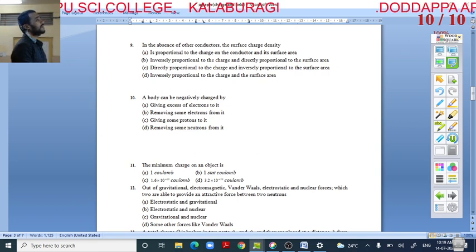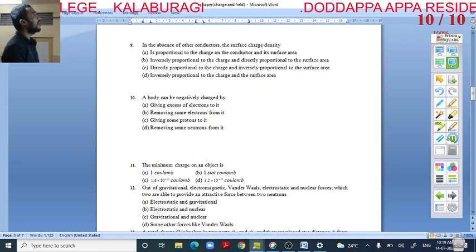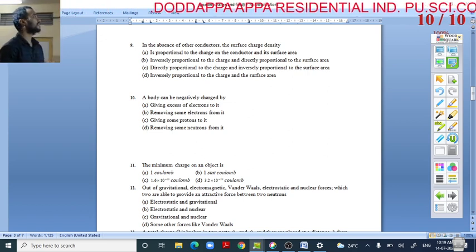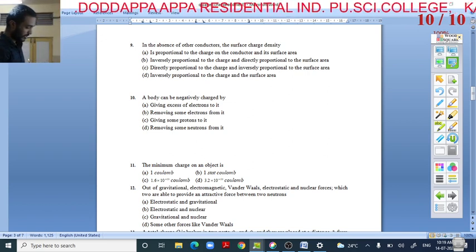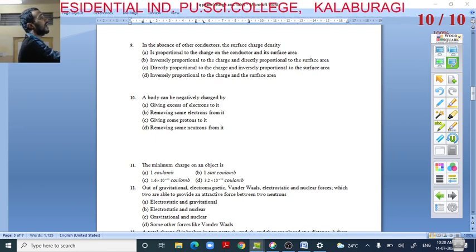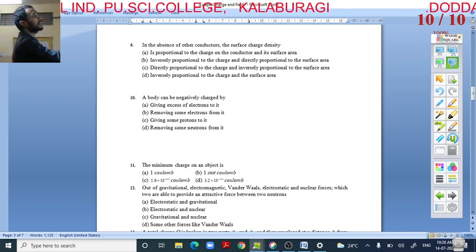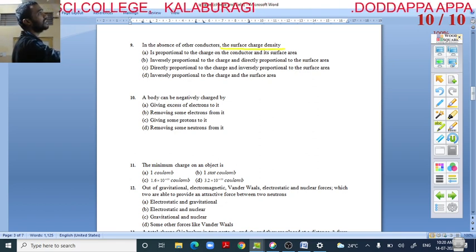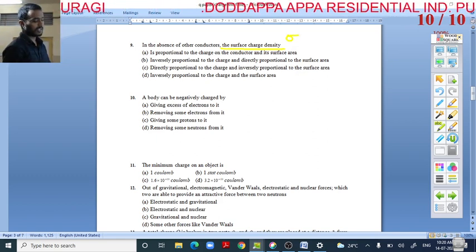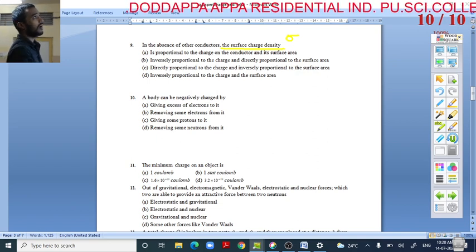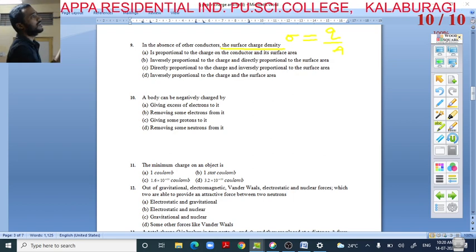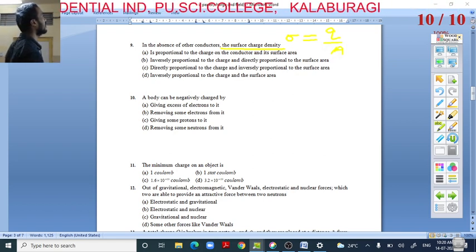Okay, in the absence of other conductors, the surface charge density, a direct question, denoted by sigma, is equal to, we know, Q divided by A. This definition we have already done in the synopsis.